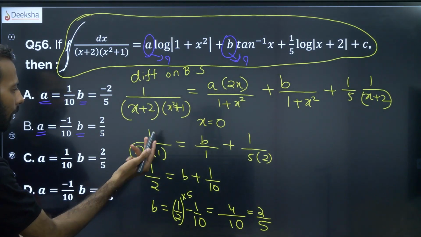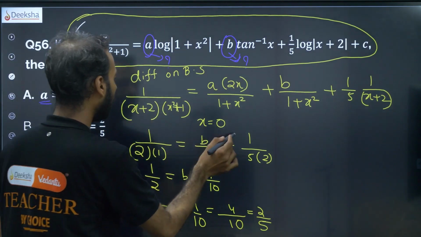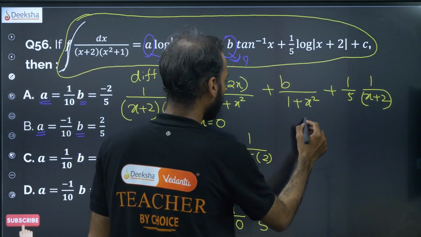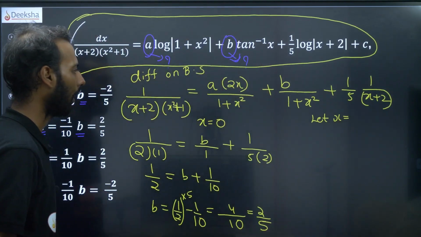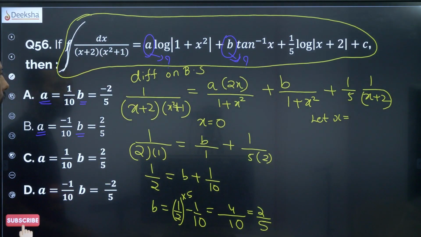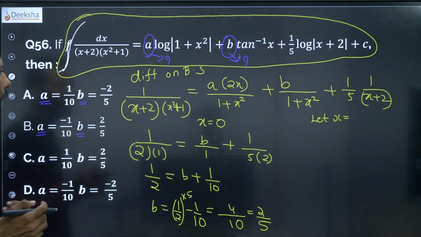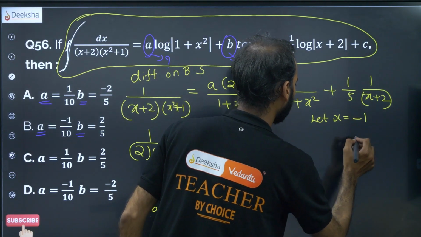Here two options are there, so we have to find A also. Now to find A, let x equal to minus 1. Shall I go for minus 1? Yeah, I'll go for minus 1. Let x equal to minus 1.